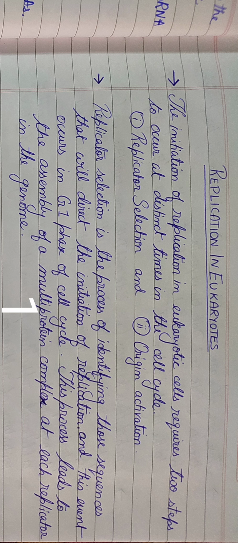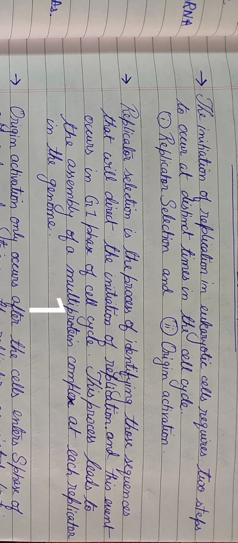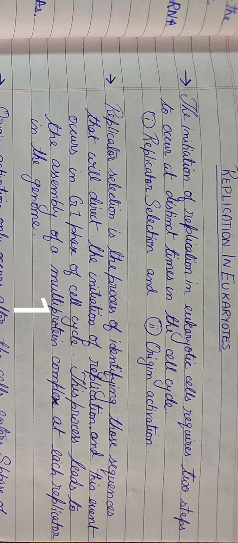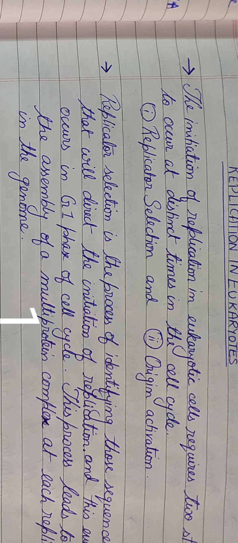Initiation of replication in eukaryotic cells requires two steps to occur at distinct times in the cell cycle. The two steps are replicator selection and origin activation.